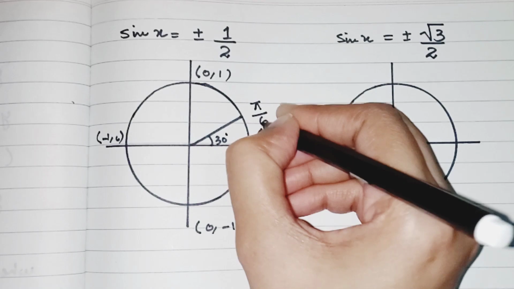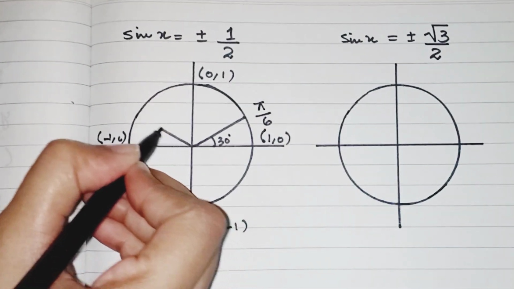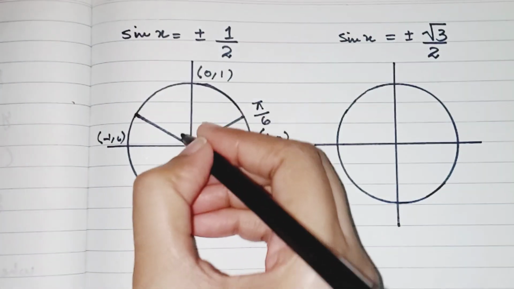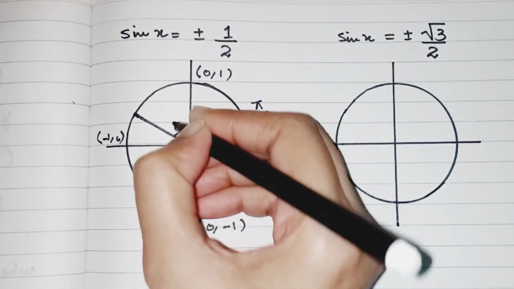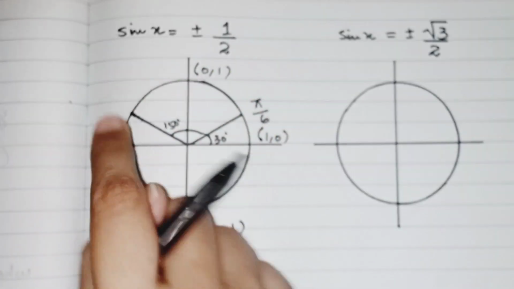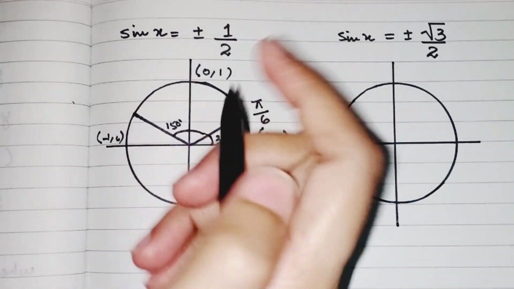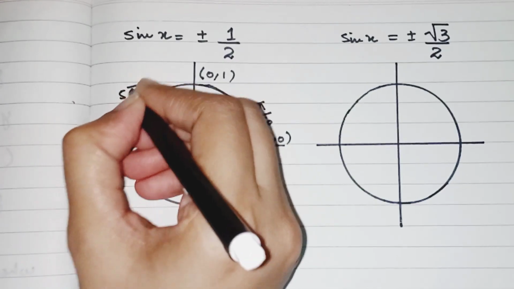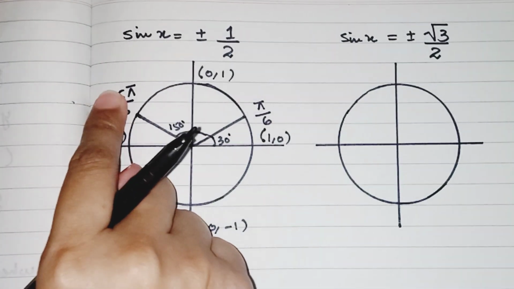So it will be equivalent to pi upon 6, and the opposite angle of this one will be 150 degree, because remaining 30 degree from 180 degree. So I can write it as 5 pi upon 6. How can I say this will be 5 pi?